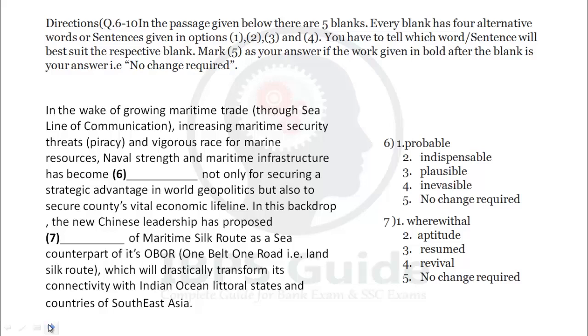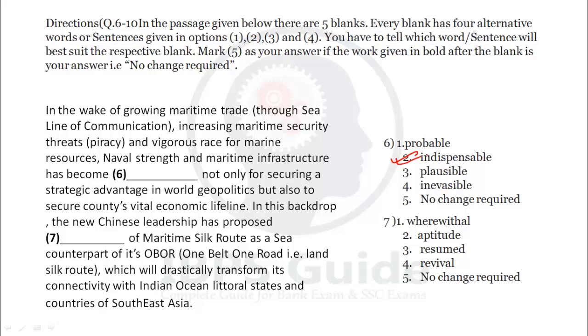So in the wake of the growing maritime trade through sea line of communication, increasing maritime security threats and vigorous race for marine resource, naval strength and maritime infrastructure has become indispensable. Why indispensable? Indispensable means absolutely necessary or requisite. Which is absolutely necessary, that is called indispensable.